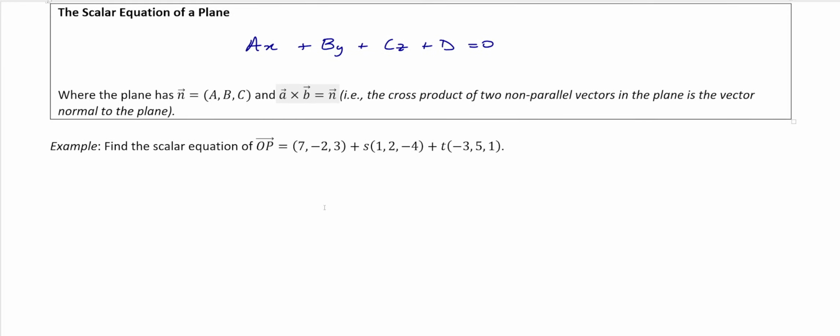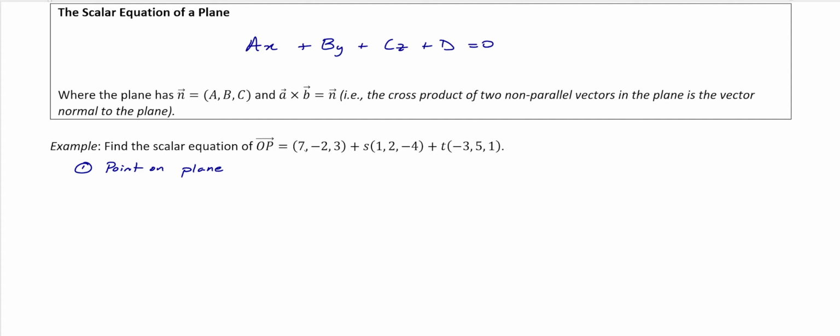Okay, so it says find the scalar equation of OP, and right here I've got the vector equation of a plane. So recall that what I'm going to need here is a point on the plane. And I have that point already.